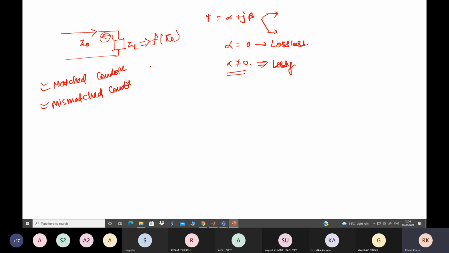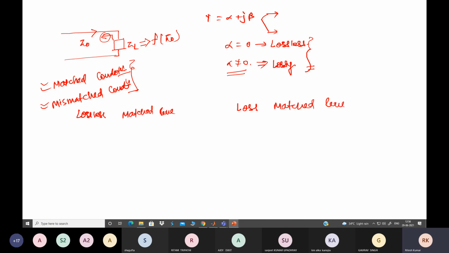Now, how many combinations are there including these two? Two are there, matched and mismatched, and two are there, lossy and lossless. So we can have four conditions. One, we can say lossless matched line. We can say lossy matched line.